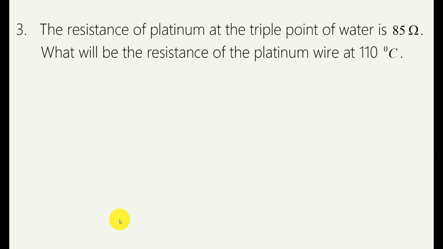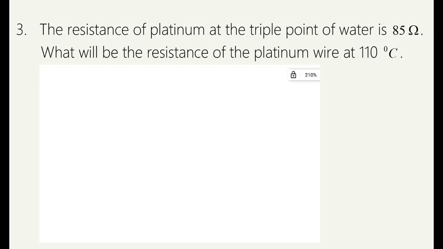Now I'm going to do number 3 instead. We're going to do number 3 together. So number 3 says the resistance of platinum at the triple point of water is 85 ohms.